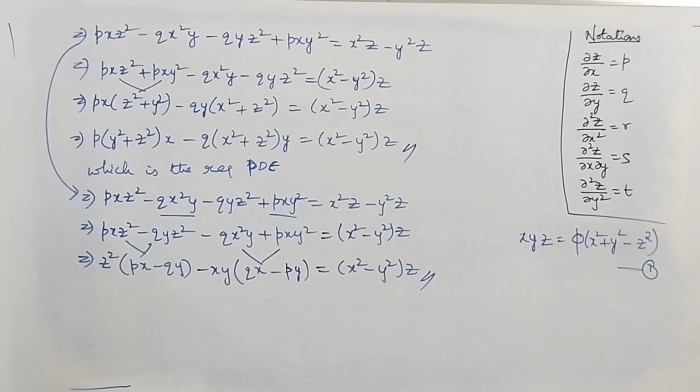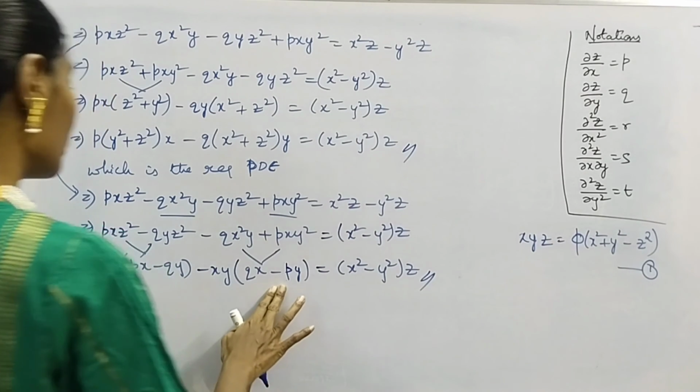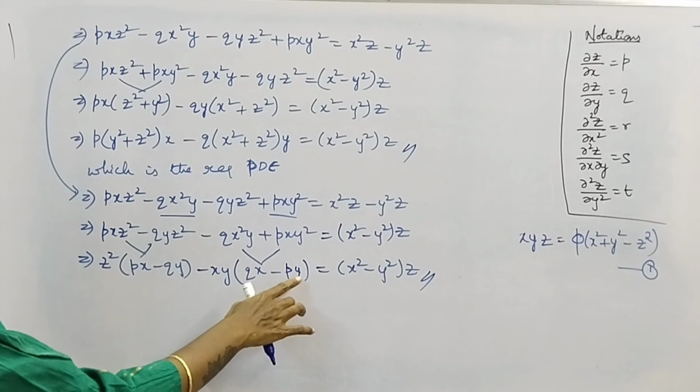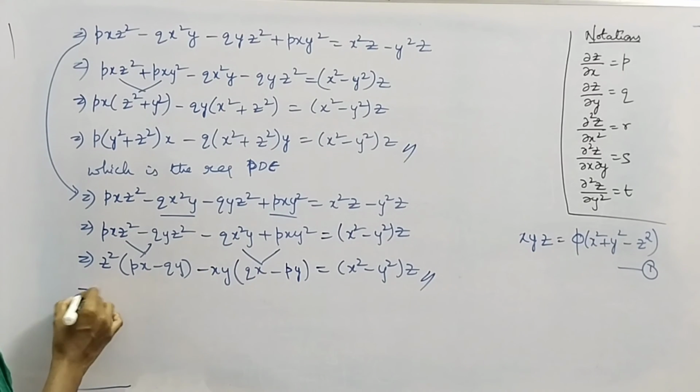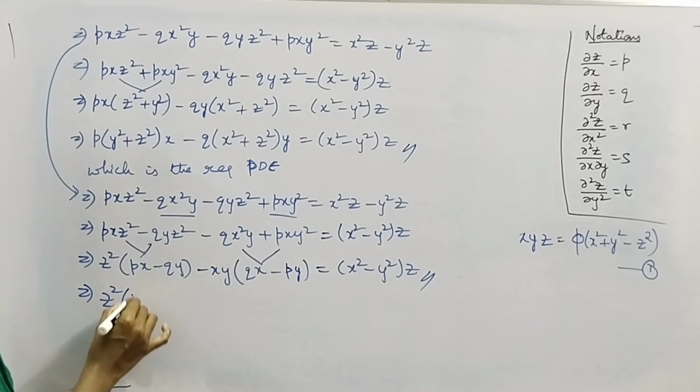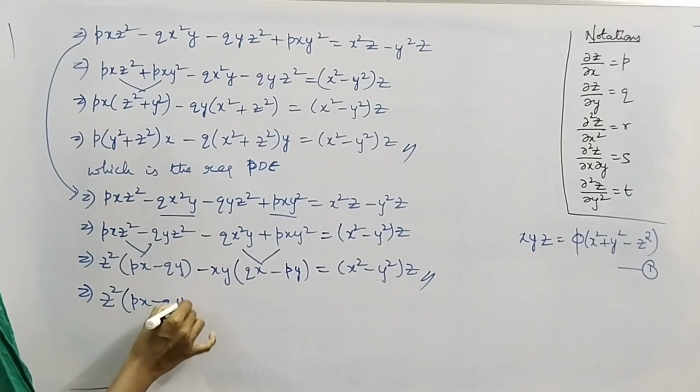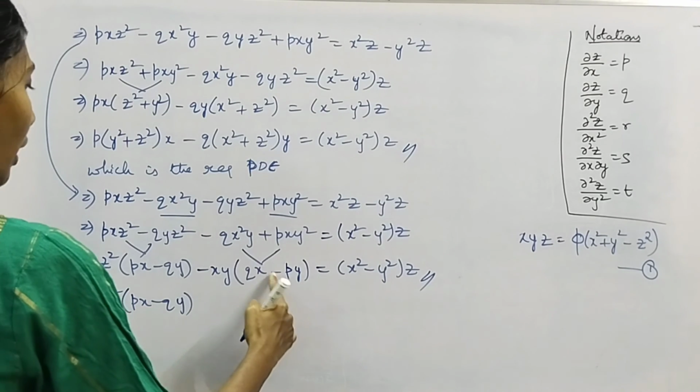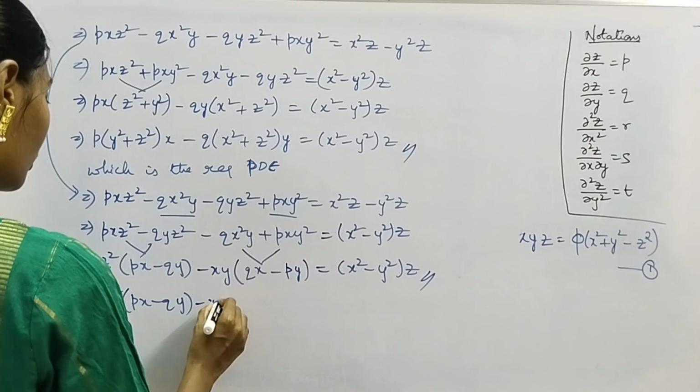Z square of px minus qy plus, you can also write this term as, if you want to write the py term first, you can just take minus common from these two terms.